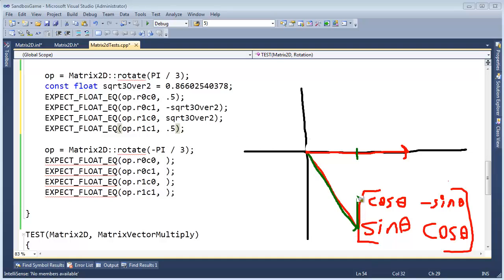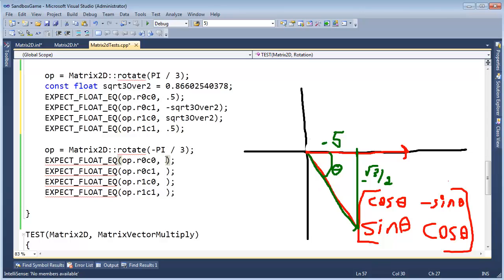And then here's the length of the opposite side. Here's our theta. And then here's the length of this side. So we know the cosine is 0.5. And the sine, this opposite side, is going to be root 3 over 2. But it's negative, isn't it? We're going down now on the y. It's negative root 3 over 2. So here we go.